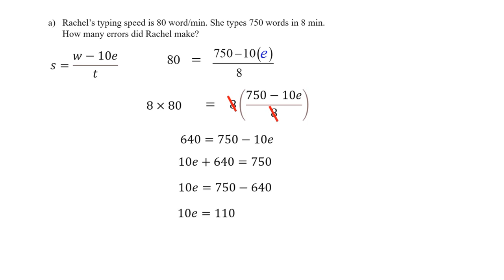And now, to isolate e on the left-hand side, we'll simply divide it by 10 and do the same on the right. We're left with e equals 110 over 10, E having a value of 11. We can now say that in this situation, Rachel made 11 errors. Hope these explanations have helped.